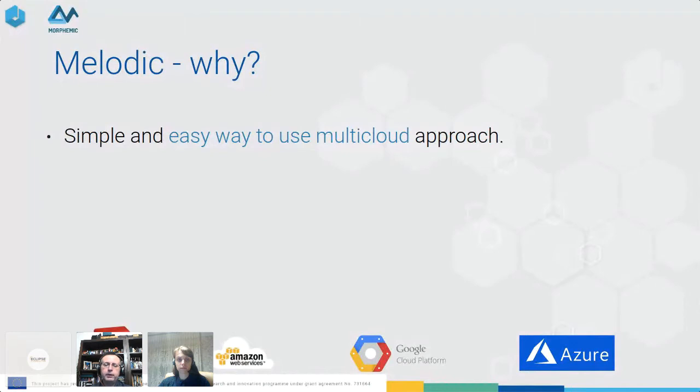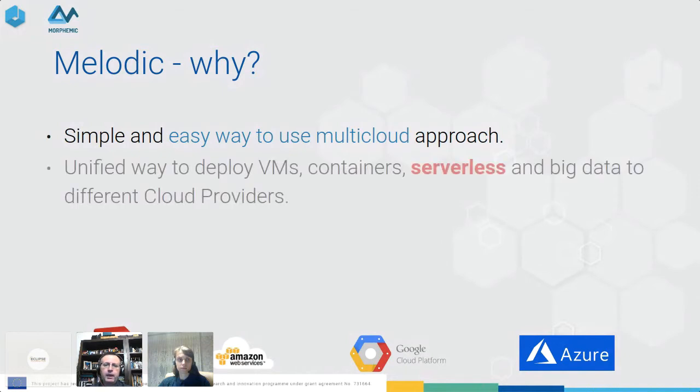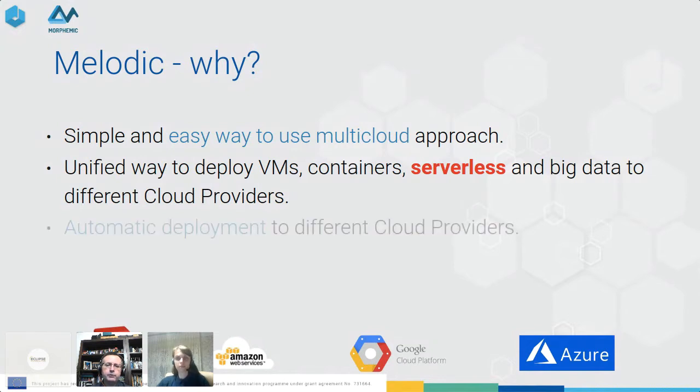We can deploy to AWS, Google Cloud Platform, Azure, and also to any OpenStack-based public and private clouds. Melodic can deploy virtual machines, containers, serverless components, and also big data frameworks like Spark to the mentioned cloud providers, and also it can optimize this deployment based on the current usage.